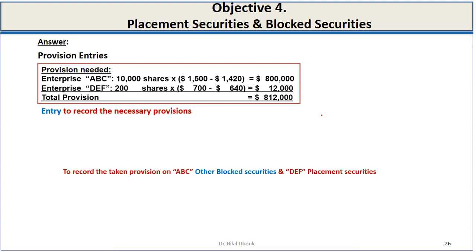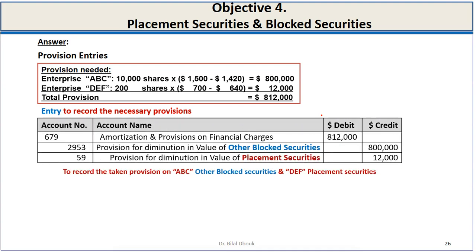So in the entry, I have to debit 679 account amortization and provisions on financial charges, $812,000. I have to credit 2953 account provision for diminution in value of other blocked securities, and credit 59 account for provision for diminution in value of placement securities.